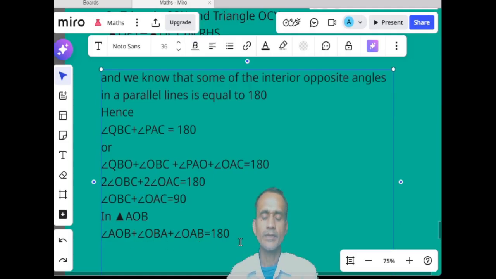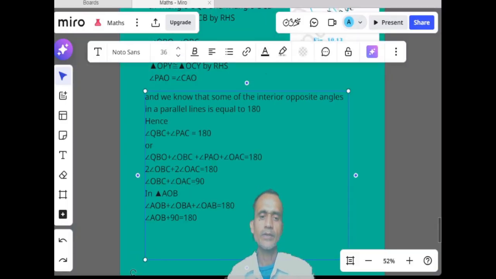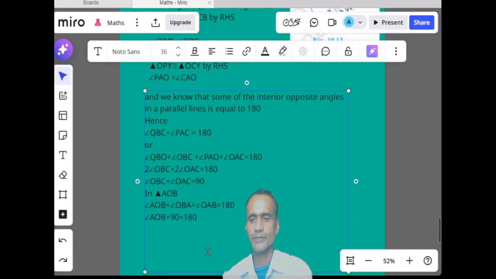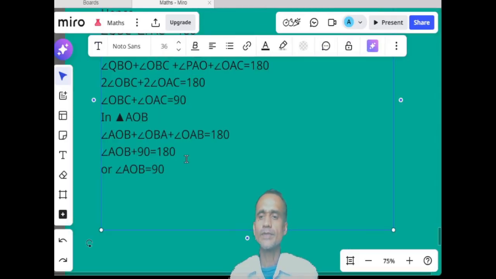So that means angle AOB plus 90 is equal to 180. So from this we get angle AOB is equal to 90 degrees. Hence proved.